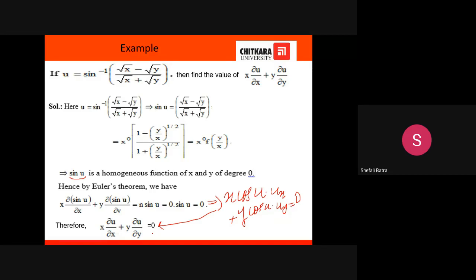See, it is very important how you read it. If the question is like that, u is equal to sine inverse of (√x minus √y) upon (√x plus √y), and the question is: if u is equal to this, then find x into ux plus y into uy.